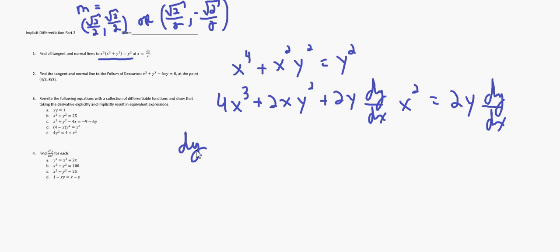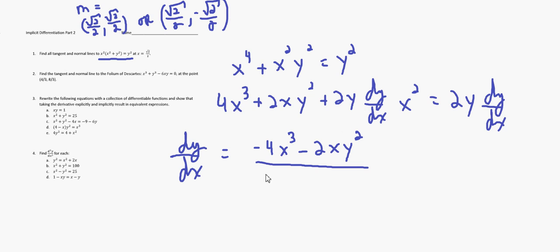And simplifying this down, dy/dx is going to be negative 4x cubed minus 2xy squared. There are all the things without the dy/dx moved over. And we're going to divide by 2x squared y minus 2y. That's our derivative.